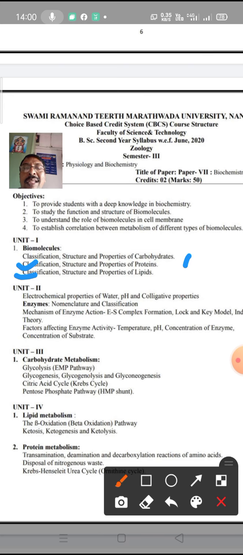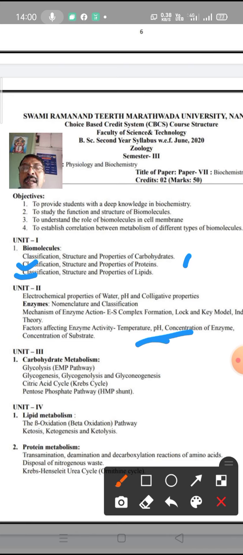So what types of enzymes there are, how they are classified, the classification of enzymes. And in this enzyme topic you have to study the mechanism of enzyme action, then ES, enzyme substrate complex formation, that is called ES complex formation. The second is the lock and key model, that is the theory of this mechanism of enzyme action, lock and key theory or lock and key model.